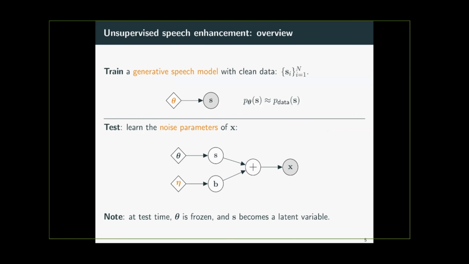And then at test time, we will have the signal S combined with noise, and we will observe the mixture X. So we will not observe S, we will observe the mixture X, and we will have to learn the parameters of the noise, which are these theta here, and at the same time infer the latent variable S, okay? So while at training time, S is an observed variable, at test time, S is a latent variable, and we have some extra parameters theta that have to be learned.